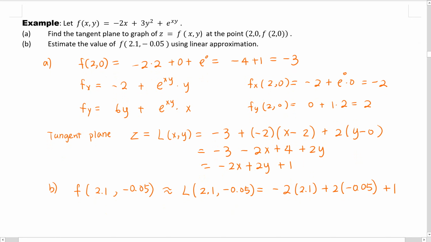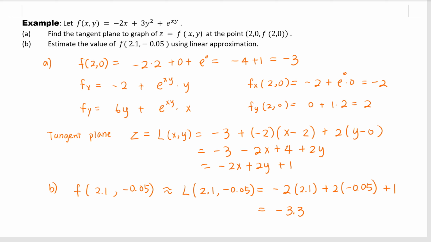And what is that? Okay, let's plug into our calculator. So we get negative 2 times 2.1 minus 2 times 0.05 plus 1. The answer is negative 3.3. Okay, so far so good, everybody.